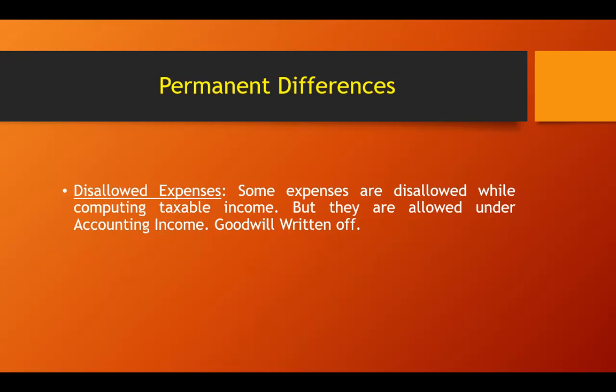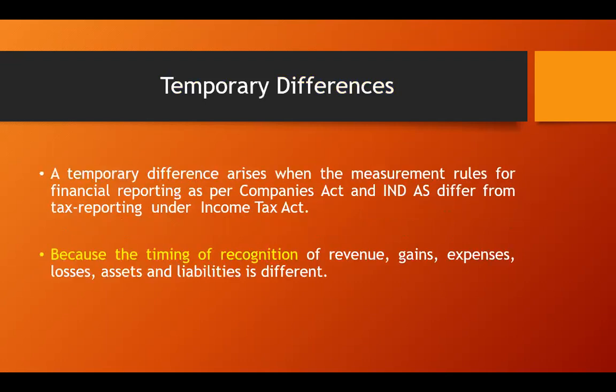Or preliminary expenses written off is not a deductible expenditure. These are disallowed expenses. I have told you a few examples of permanent differences. A permanent difference arises when revenue or expense comes in the profit and loss account but may not come in the income tax calculation of total income.